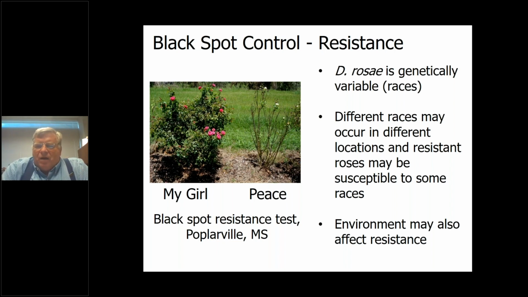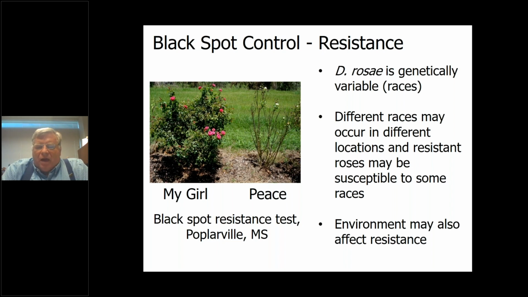And that is that the pathogen is genetically variable in different areas of the country. By the time I finished screening, I had 8 different races in my field. And some of the things that had been resistant in years 1 and 2 were not resistant in year 3 as more races appeared in the field.